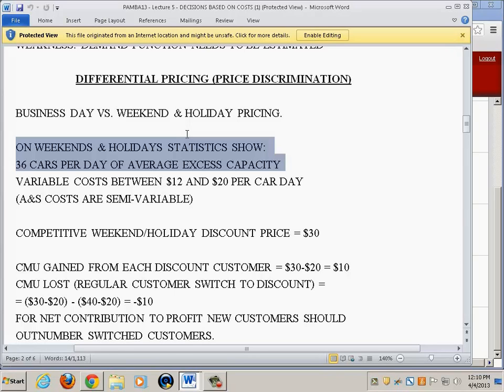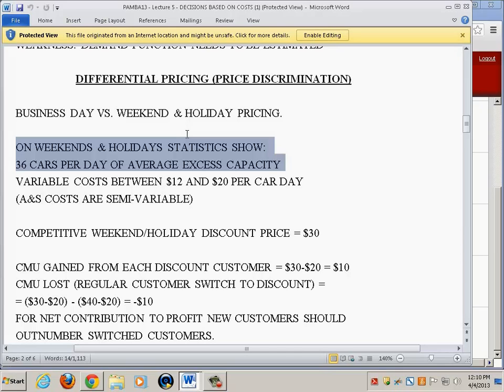If you discount your car rentals to a weekend or holiday price of $30 rather than $43, which is your regular price. Your regular price, let's assume, based on cost plus is $43, and your discount price is $30, you'll still be adding to profit, because if you rent a car day at 30, what will be your additional cost?